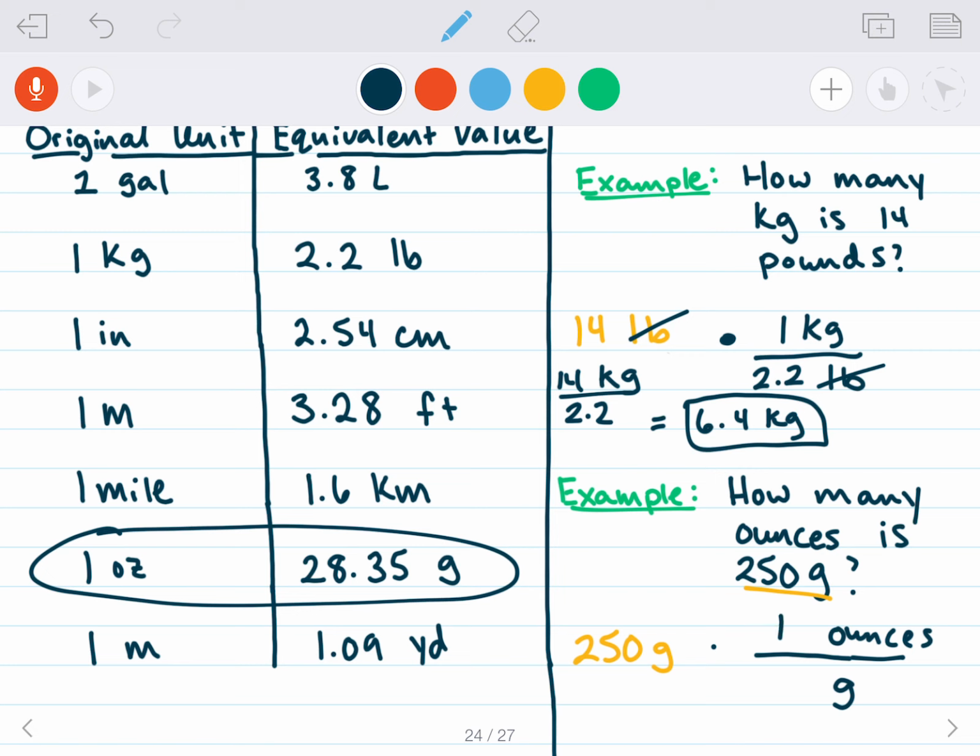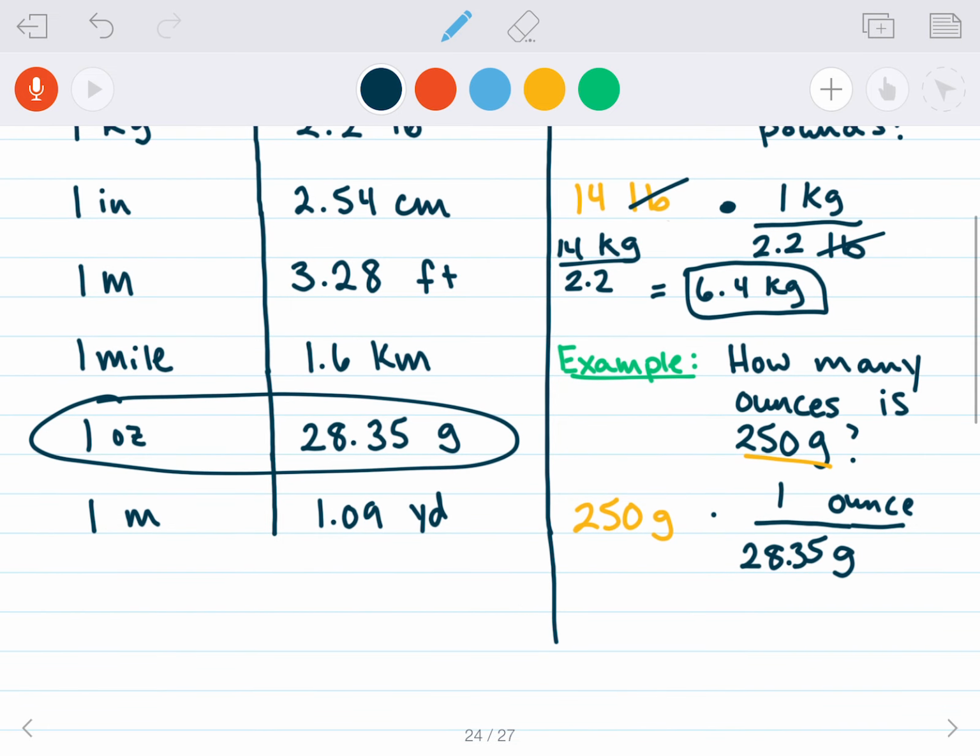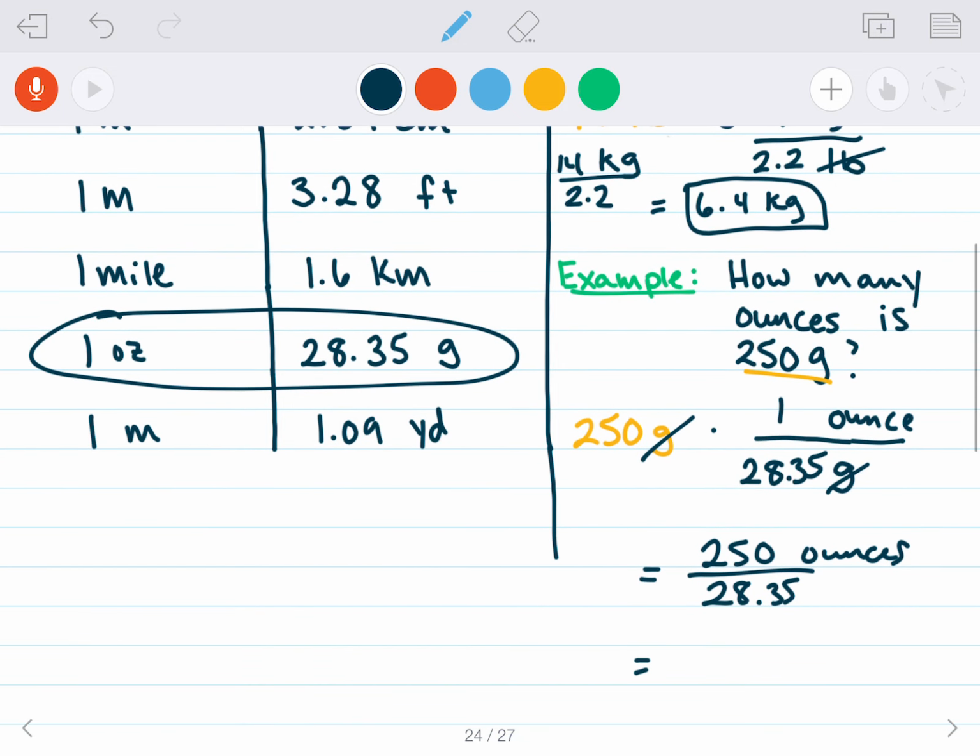So I put 1 ounce on top over 28.35 grams. Multiplying straight across, these divide each other out, and I'm left with 250 ounces over 28.35. Let's go ahead and do this calculation, and I'm getting about 8.8 ounces. Let me just check my math on this real quick.